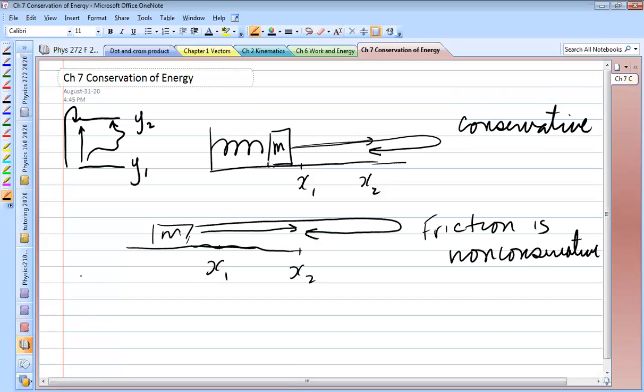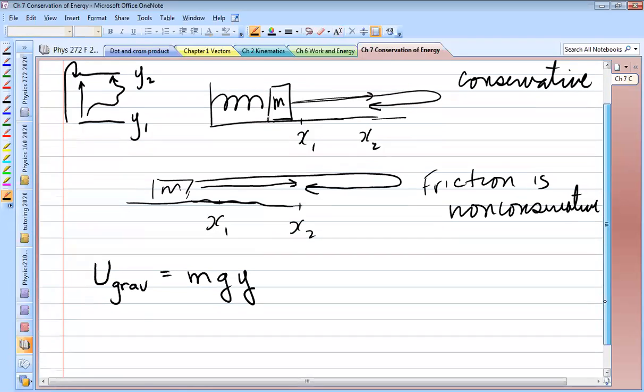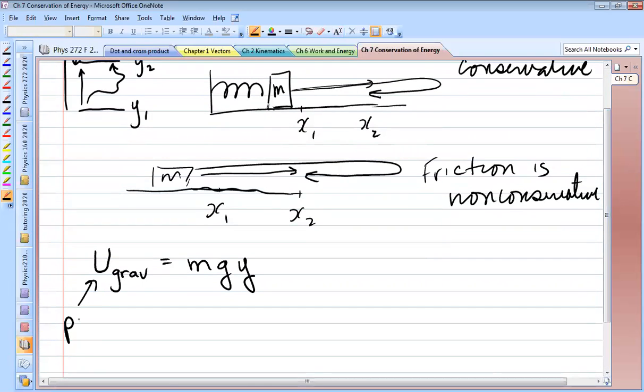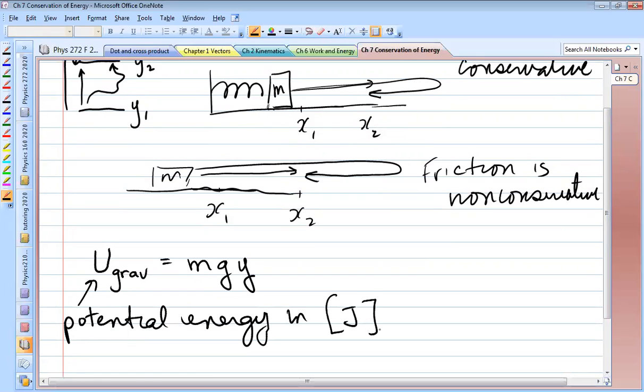I like to use PE, but your textbook uses U. So U gravity is defined to be m times g times y. Okay, so this U stands for potential energy in joules, gravitational potential energy. M is mass in kilograms.